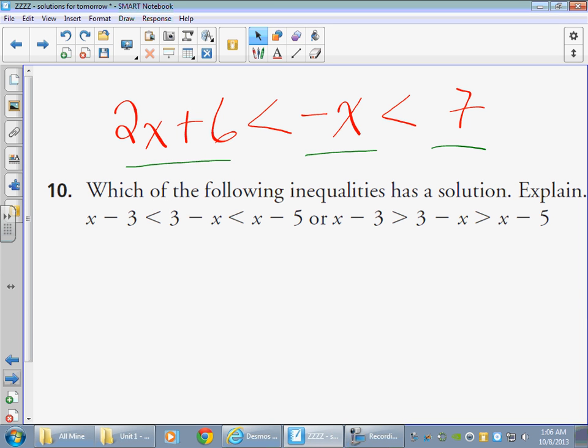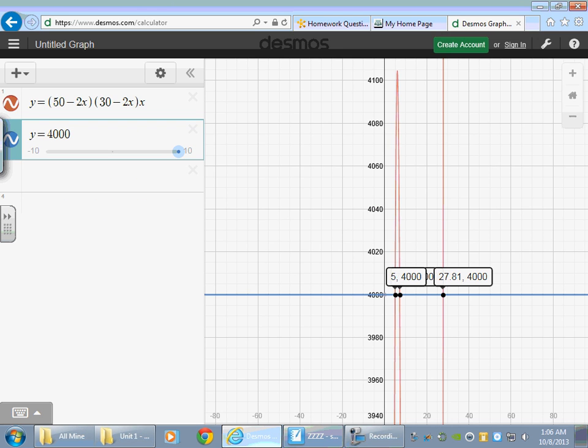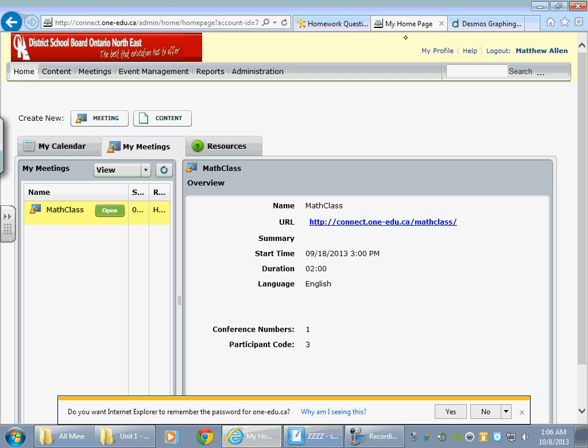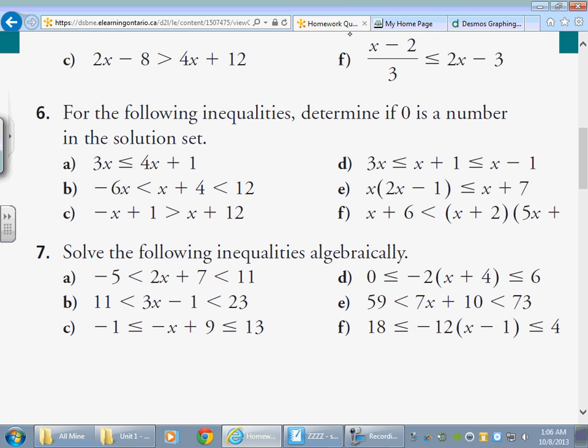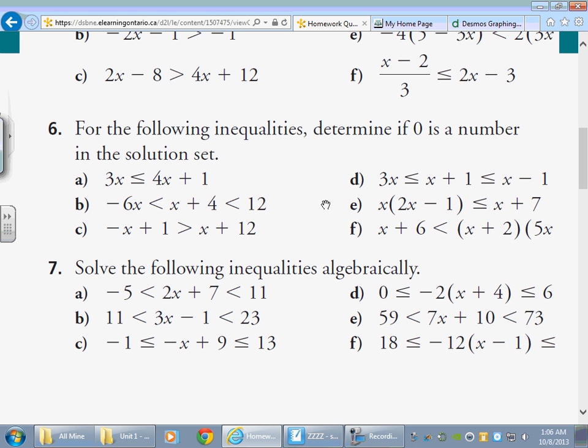When I went back, I found 2 questions that looked like that. The first one was in 6B here. I guess there's a couple here, 6D as well. 6D actually has 3 x's in it, but the same sort of idea. 6B has 2 parts, 2 x's, and 3 sections.